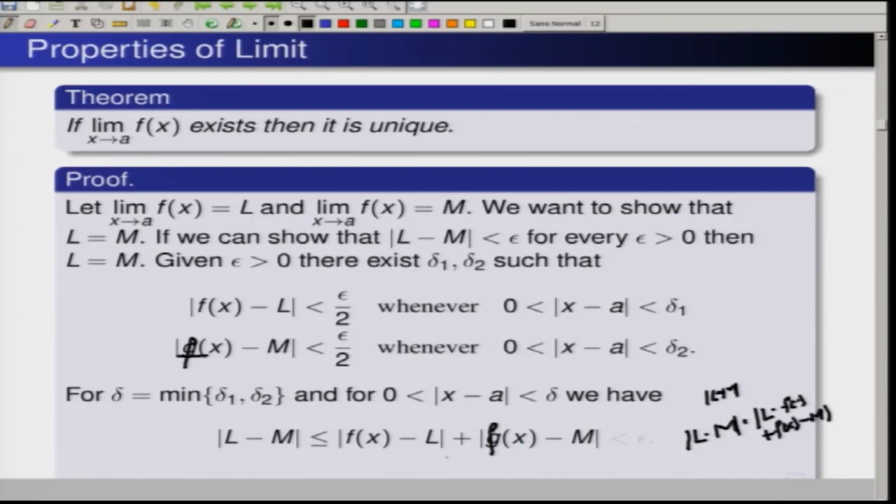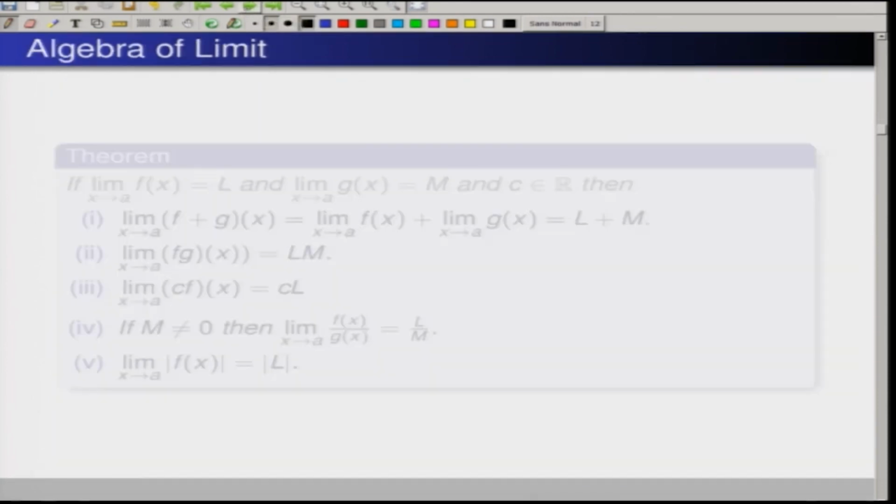Now, you apply the triangle inequality, you get this. Now, this is less than epsilon. Okay. So, this is what the proof is.